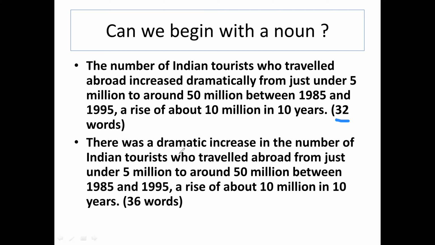What we could do is, instead of writing the number of Indian tourists who traveled abroad increased dramatically, begin with a noun, which I think is the best way out. So we started the sentence with: there was a dramatic increase in the number of Indian tourists who traveled abroad from just under 5 million to around 50 million between 1985 and 1995, a rise of about 10 million in 10 years. So we have increased the sentence from 32 words to 36 words.